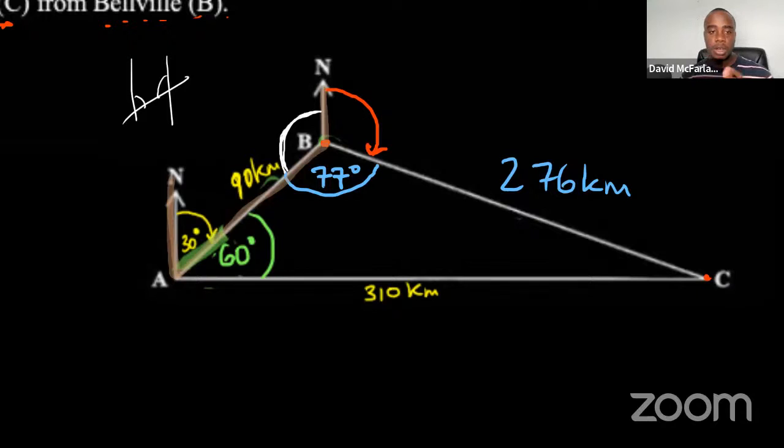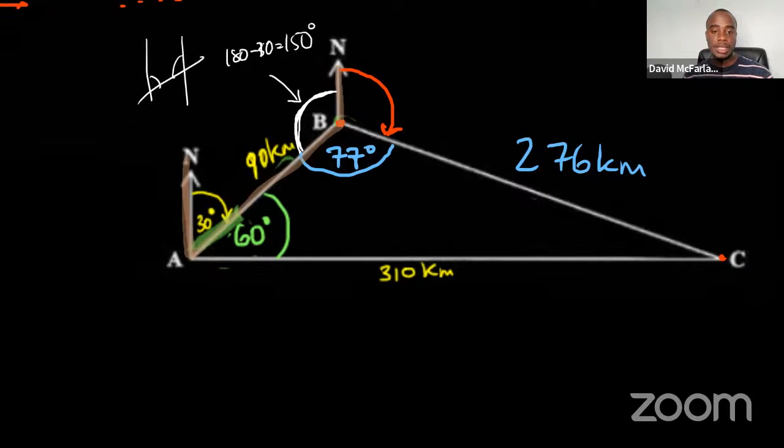So since not corresponding, sorry, co-interior, both of them sum to 180, and that angle right here must be 180 minus 30, which is 150 degrees. So since we know that this is 150 and this is 150 and this is 77, then we can figure out that unknown angle by subtracting it from 360.